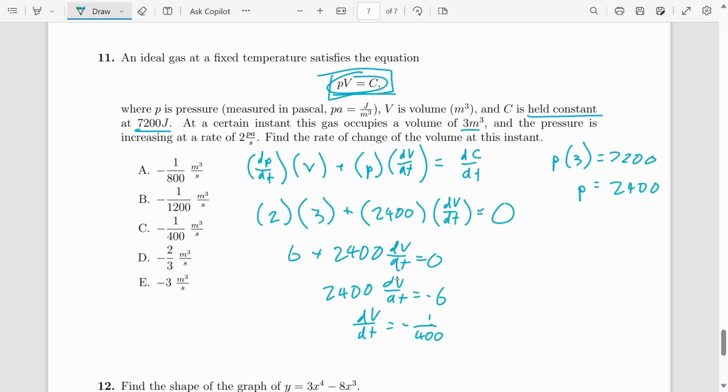And then the unit is, I don't know what the unit is, but it's going to be this, which is answer choice C. Okay, it's cubic meters per second, which, oh, that makes sense because it's cubic meters per second for the rate. So cool, we found the right answer.